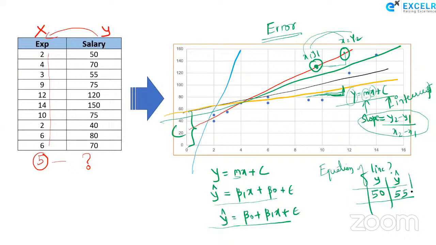Then we find the error, which is nothing but actual value minus the predicted value. The actual value was 50. Predicted value is 55. So the error becomes -5. So this is your epsilon parameter. All right. So now we understand what the error is.